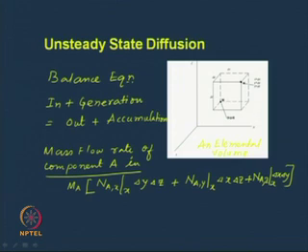So, this is the mass flow rate of component A in at location x.